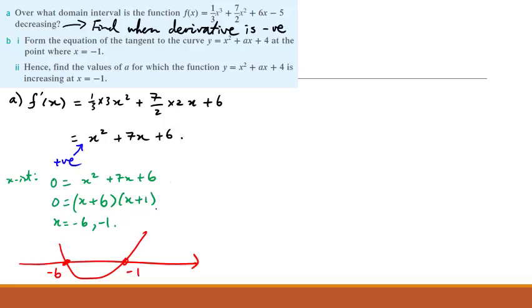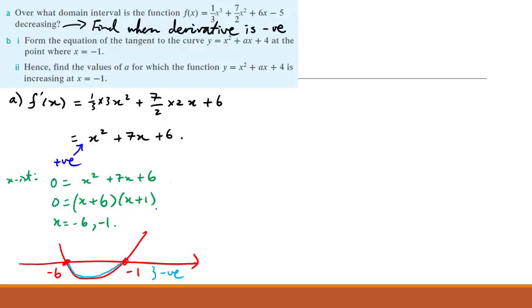Now we want the values in which it's decreasing. So in order to find the bits where it's decreasing, I don't have another color. We want the bit that's negative there. So if you don't quite remember how to do this, just start from the lower side on the negative part, then you follow it all the way until it stops.